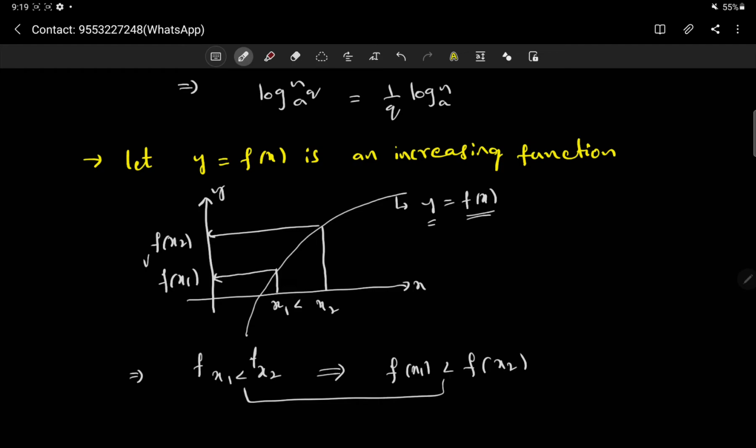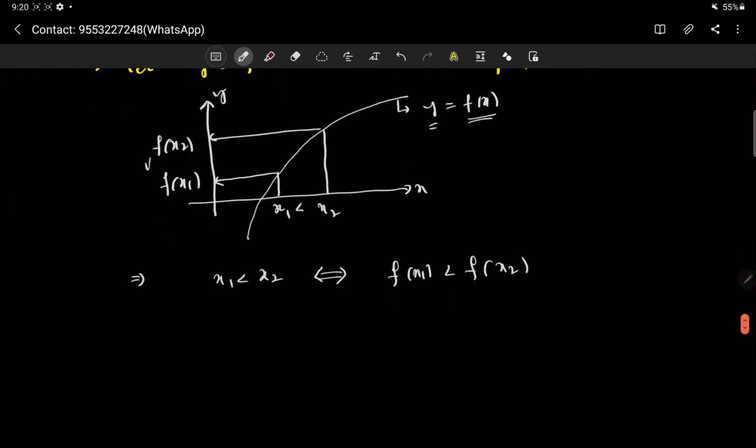In reverse, on removing this f, the same inequality we are getting, right? So for increasing functions, on applying the function or on removing an increasing function, inequalities do not change. Both sides implies, you can say. So this is all when f is an increasing function.